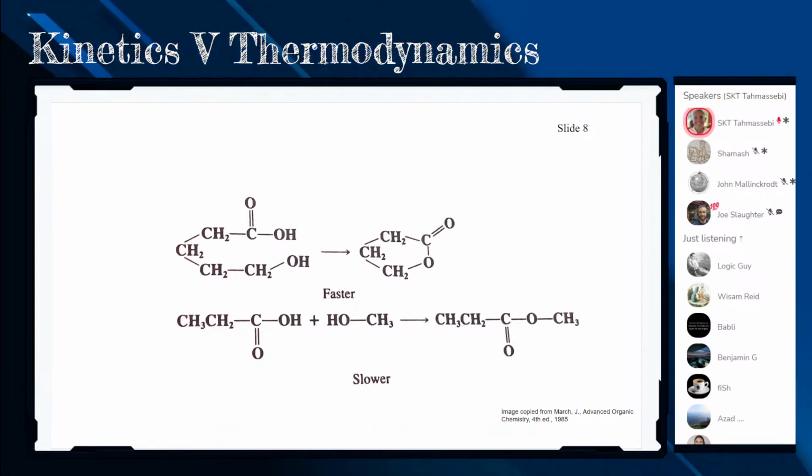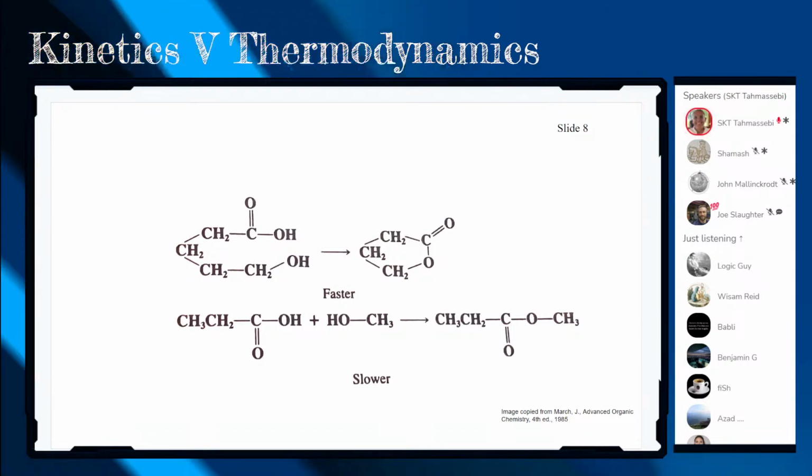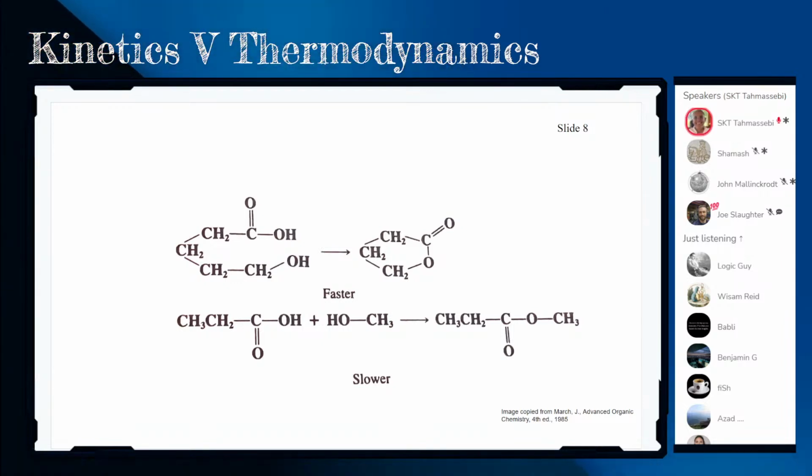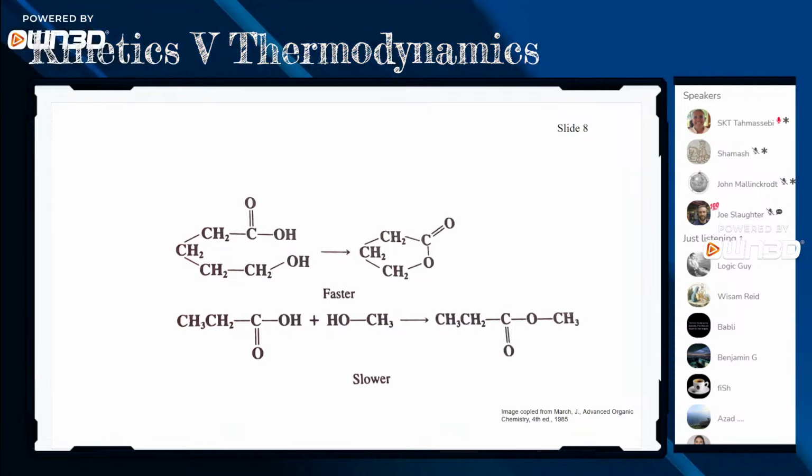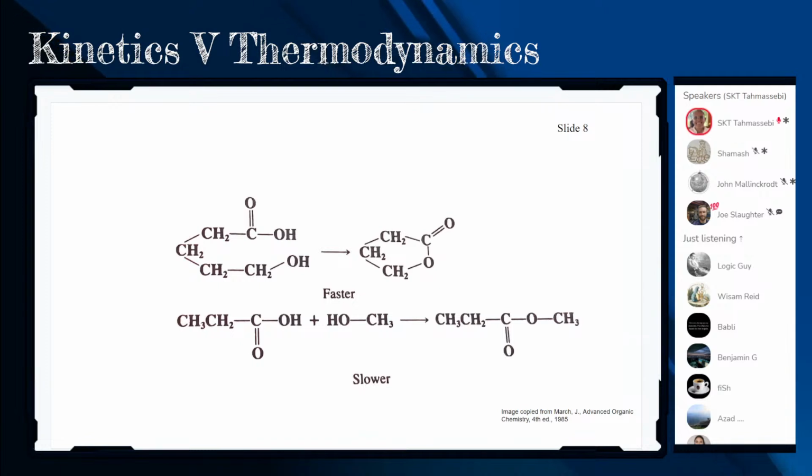And so the delta G double dagger for the bottom one is higher, so the rate of the reaction is slower. Why is it slower? Because fewer molecules reach the energy required to clear the delta G double dagger, right? All the molecules are distributed based on the Boltzmann distribution as far as energy is concerned.